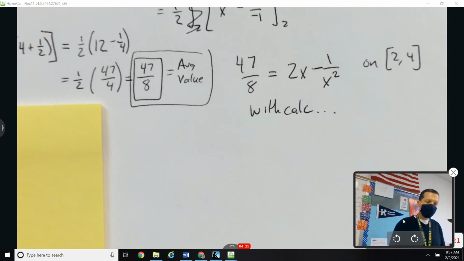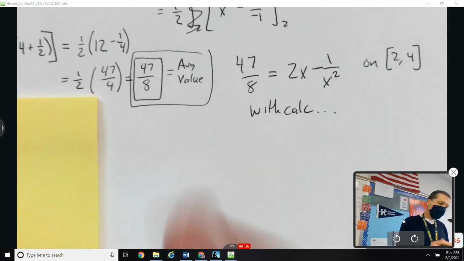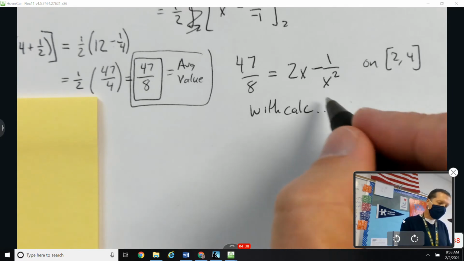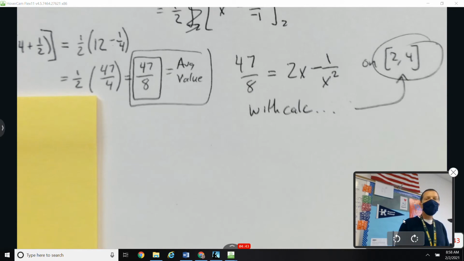So with a calculator, you could get an answer. You won't have a calculator tomorrow or Thursday, so that means the algebra will be easier. You'll be able to solve it. But do check and make sure you get an answer, because it's possible you get more than one answer. Make sure your answer is on the given interval.